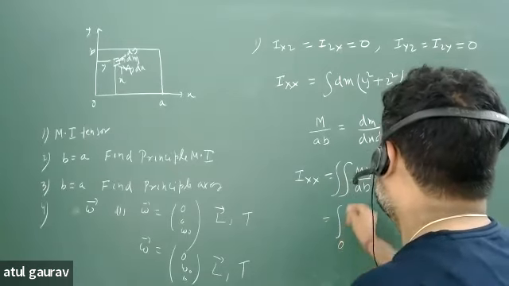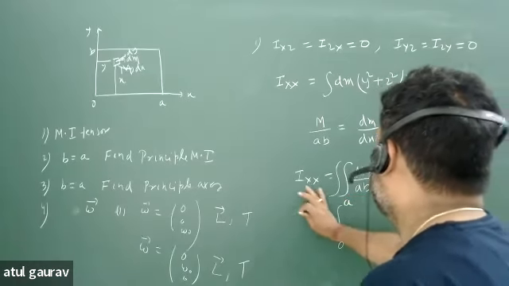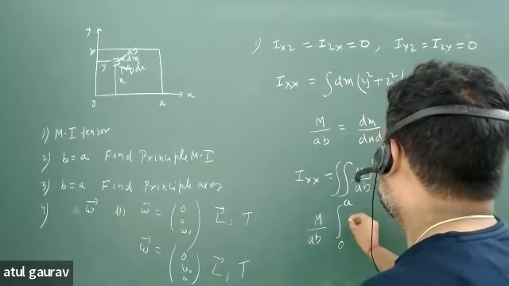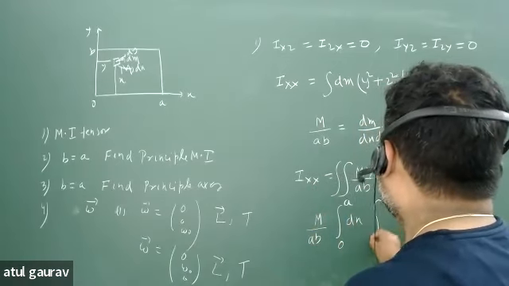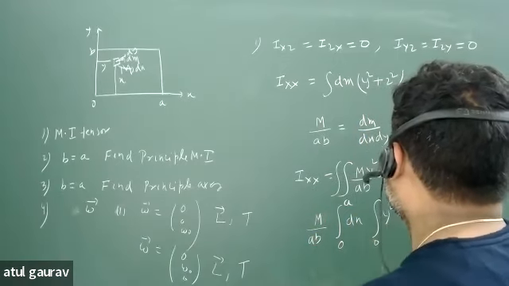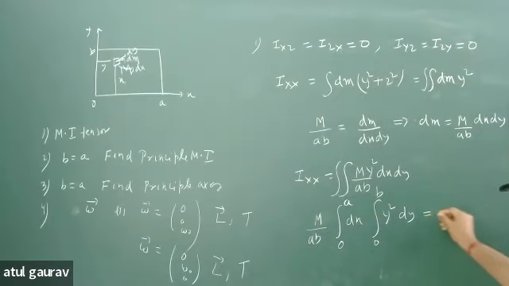So x is going from 0 to a, and we have m upon ab and dx. And for the variable y, dy, you are going from 0 to b. So from here, Ixx can be written as, what will be the value? If I am not wrong, that value is mb square by 3.